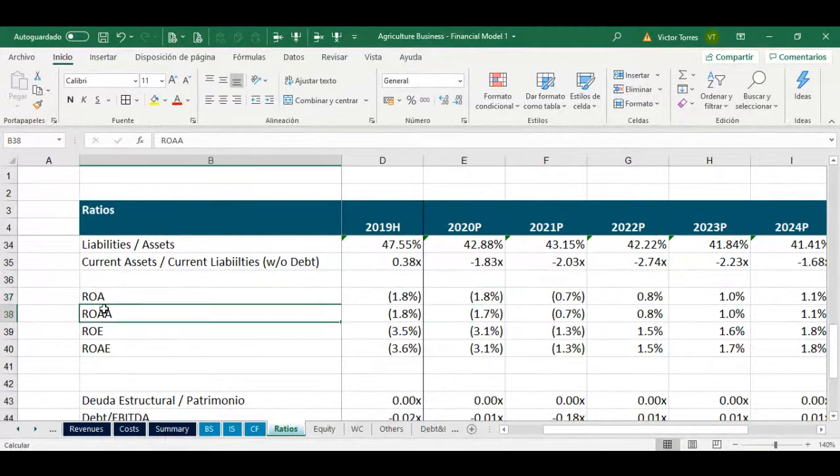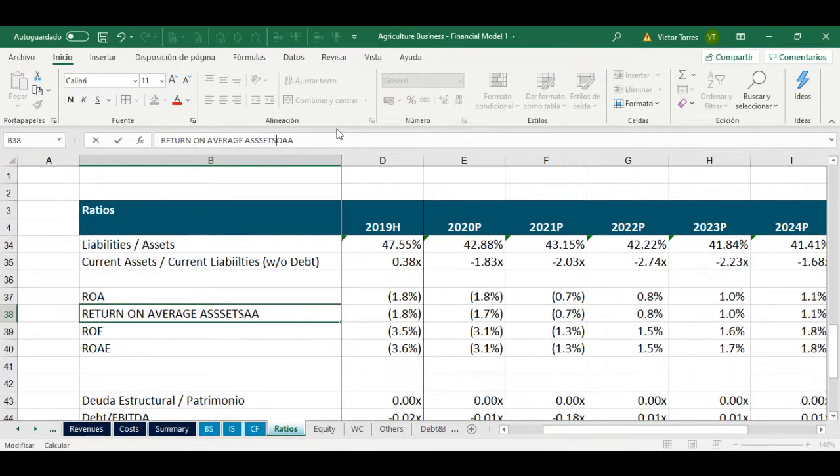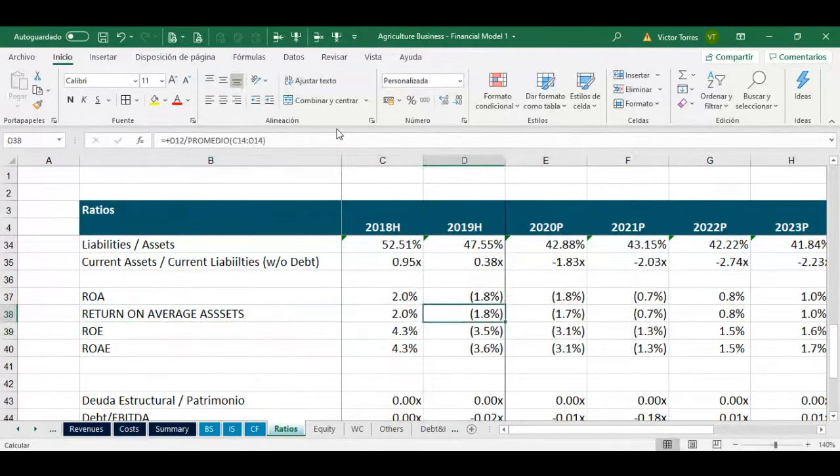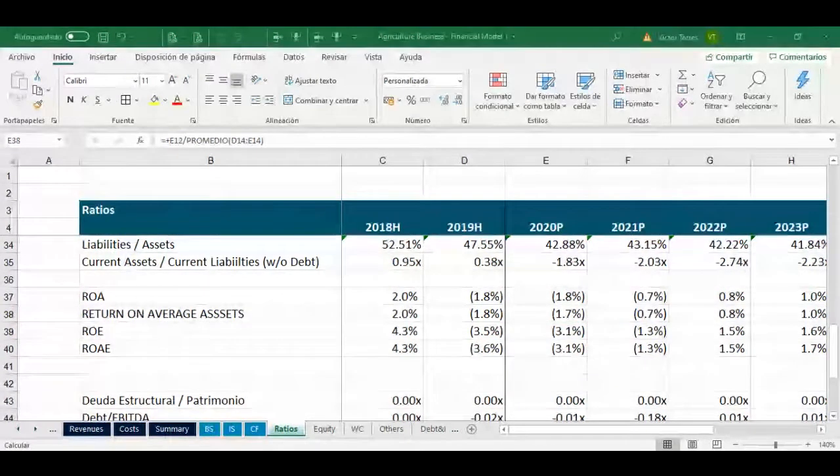That's why calculating this other ratio, return on average assets, is better. It allows a better estimation of the return that you are getting, considering the different elements that we have over here.